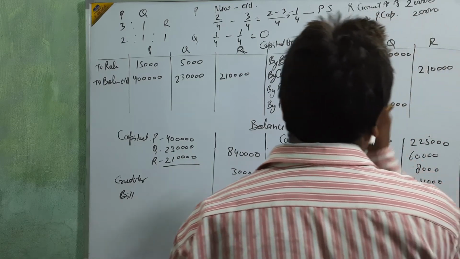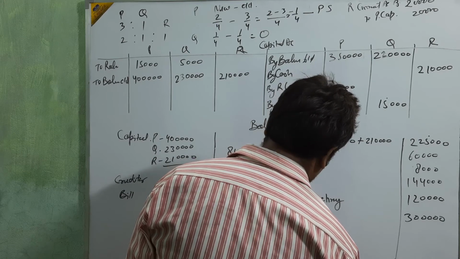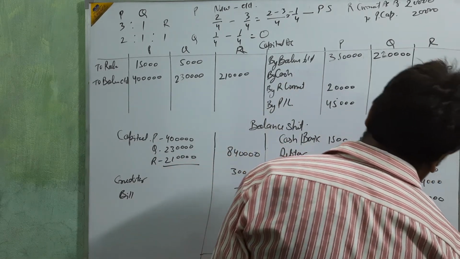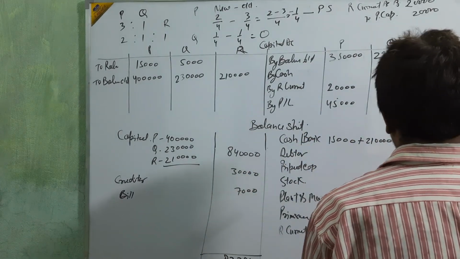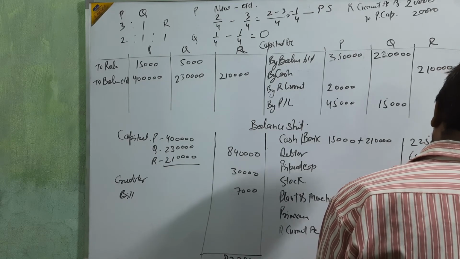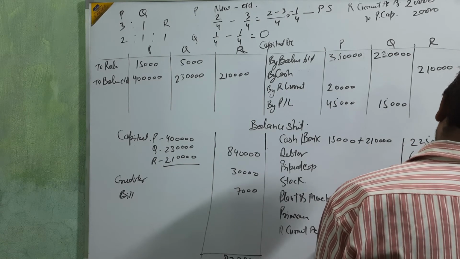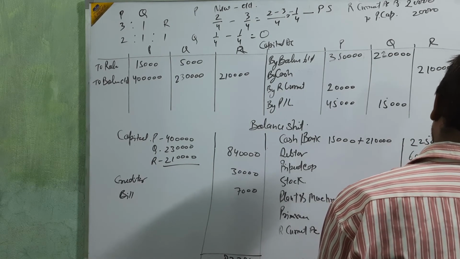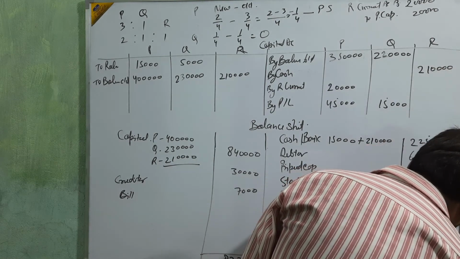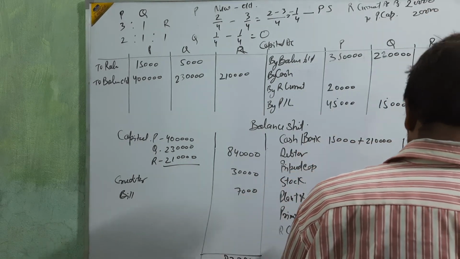And his current account: 20,000, 2 lakh, 3 lakh, 4 lakh, 7 lakh, 8 lakh, 20, 20, 20 is 60,000, 73,000 and 8,77,000. Okay?